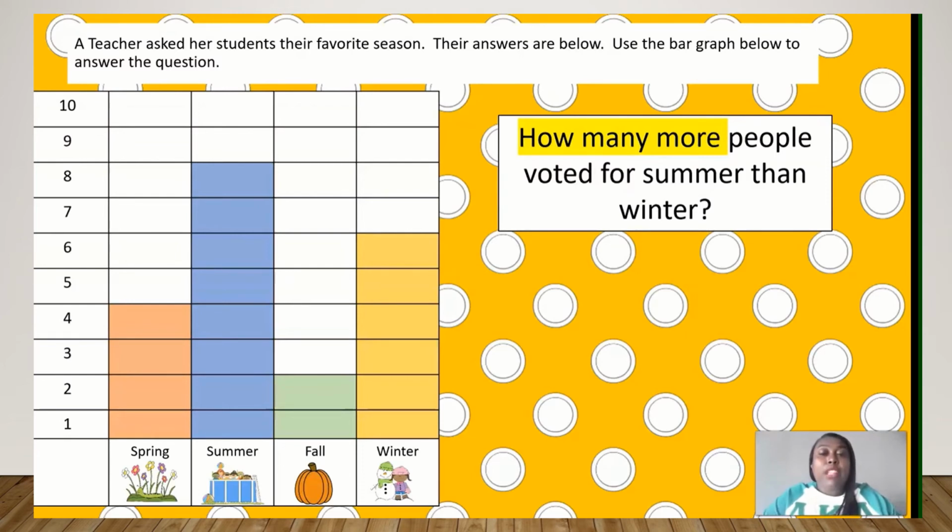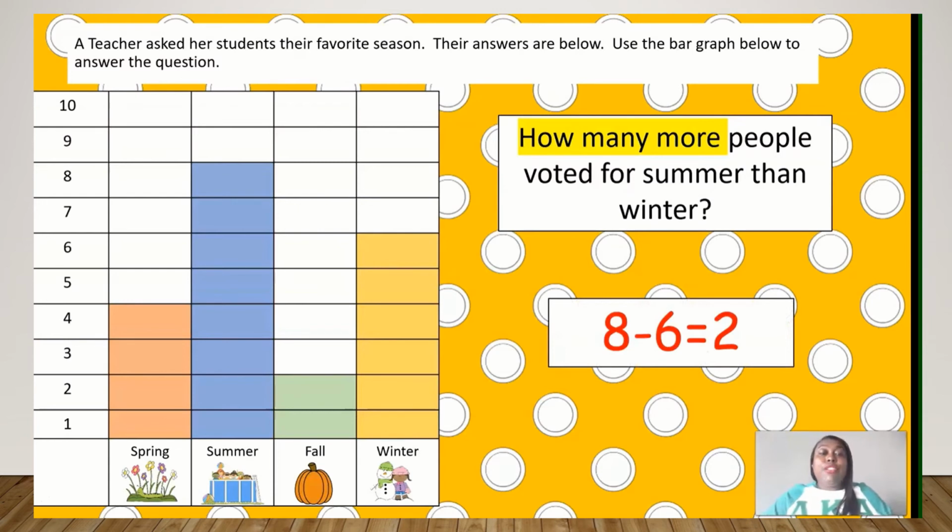So now we're trying to figure out how many more, or compare the difference in the numbers. Boys and girls, this is a subtraction problem. First, I see summer is 8 compared to winter is 6. So I do 8 minus 6. Boys and girls, that's 2. 2 more people chose summer than winter.